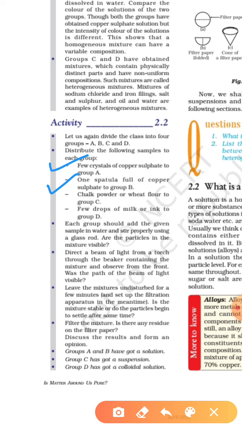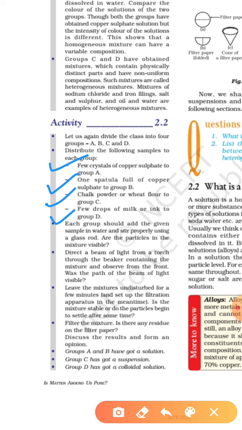For group C, chalk powder or you can say wheat flour, and for group D we will give a few drops of milk or ink, you can say. So for these four groups we have given different things.